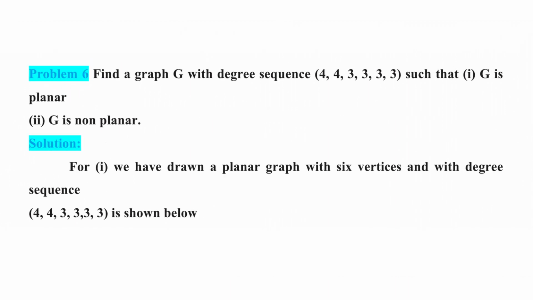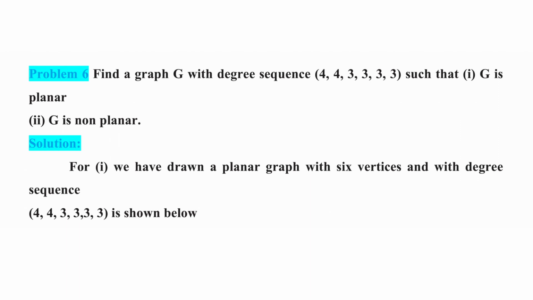The next problem is, find a graph with degree sequence 4, 4, 3, 3, 3 and 3 such that the first one is G is planar, the second one is G is non-planar.